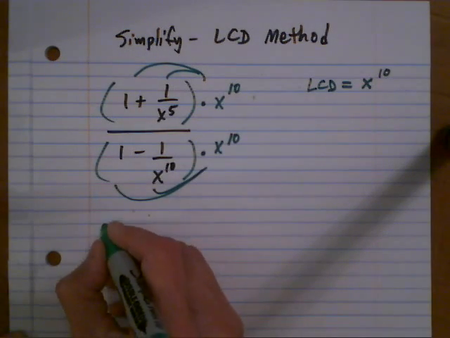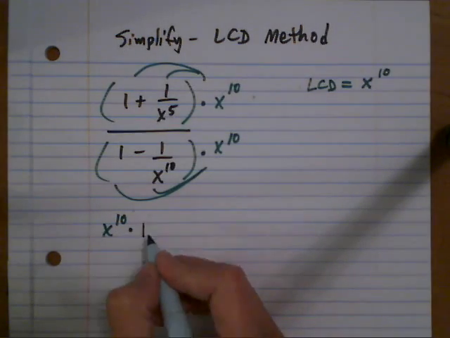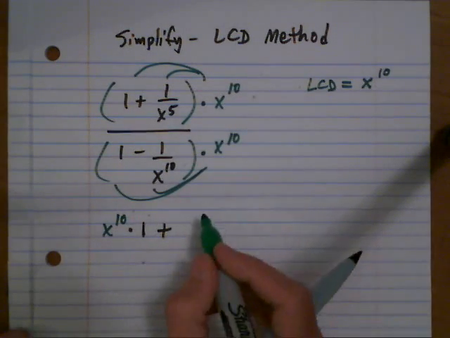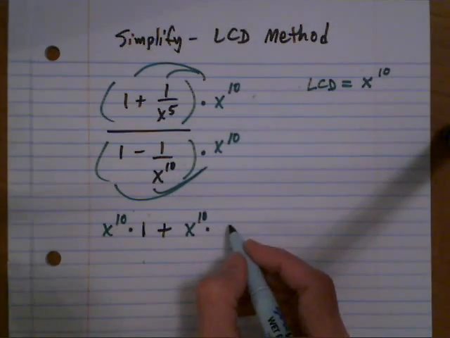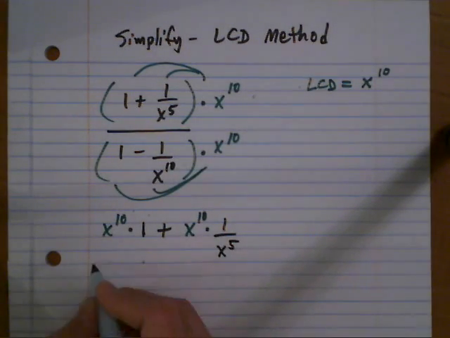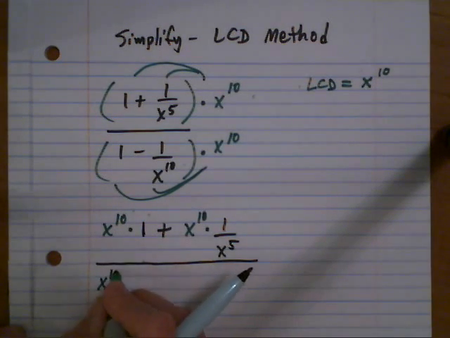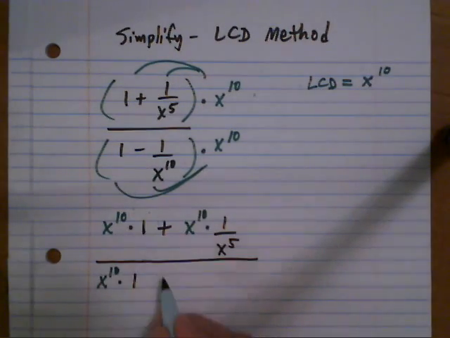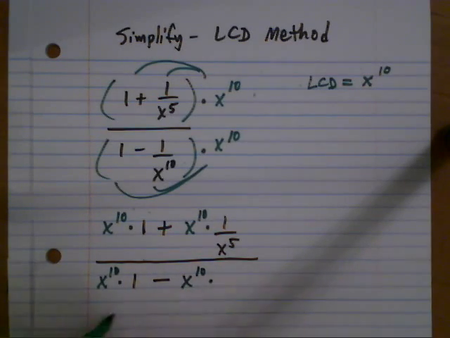And that gives us, on the top, x to the 10th times 1 plus x to the 10th times 1 over x to the 5th. And that's all over x to the 10th times 1 minus x to the 10th times 1 over x to the 10th.